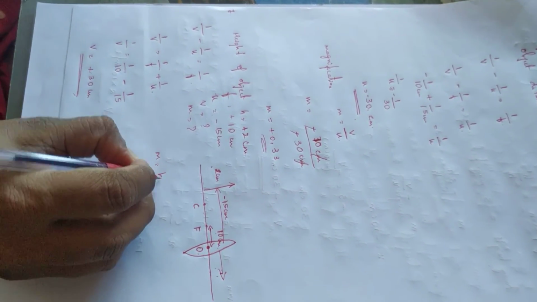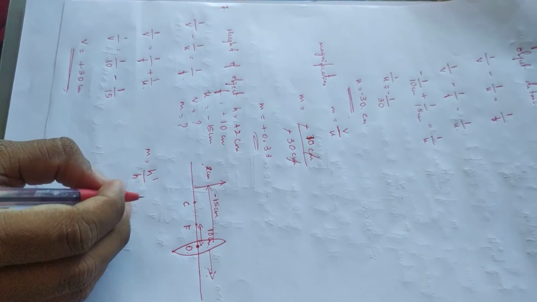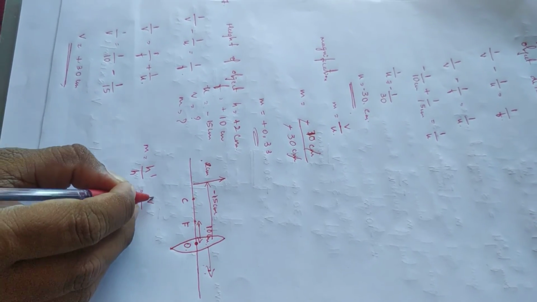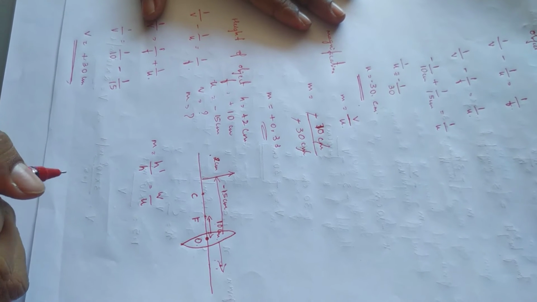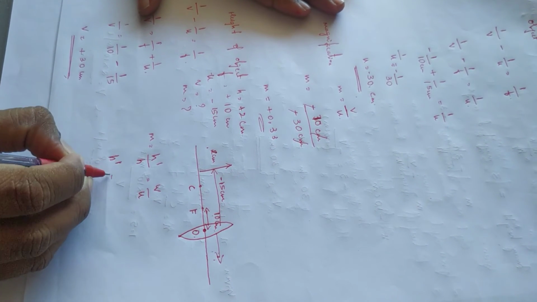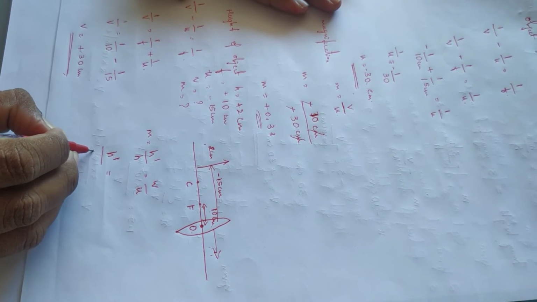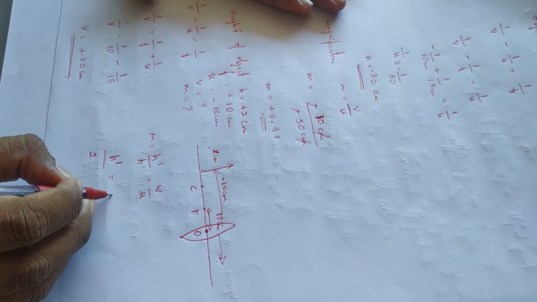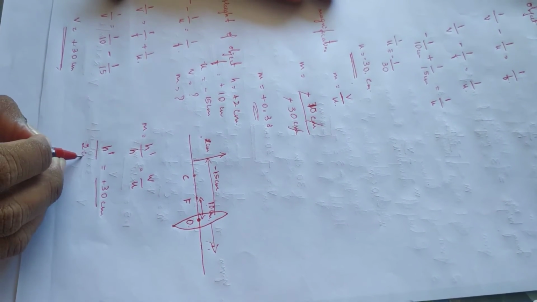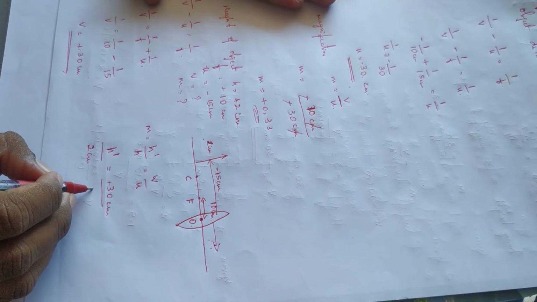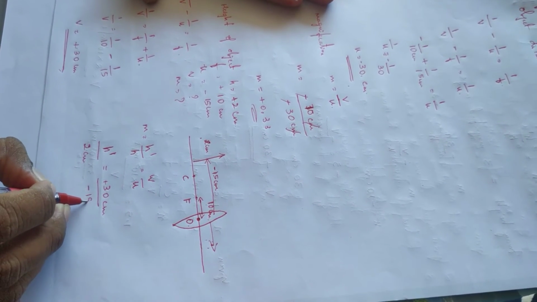Magnification is given by h dash by h or v by u. We have h, u and v, therefore h dash by 2, v is 30 centimeter and u is minus 15 centimeter.